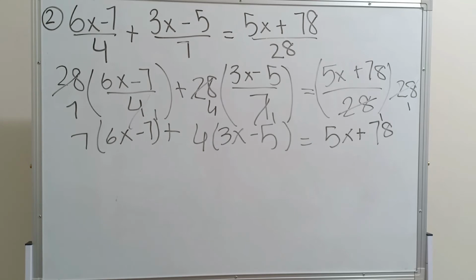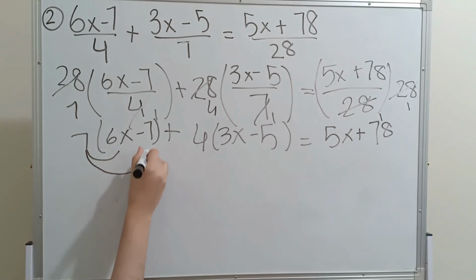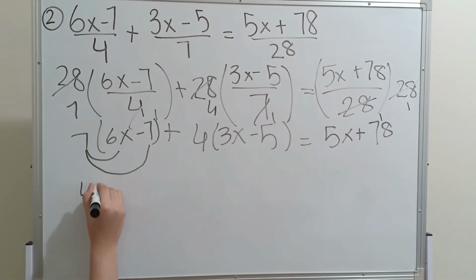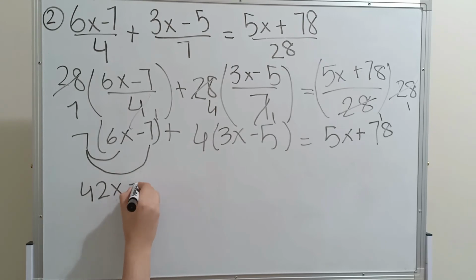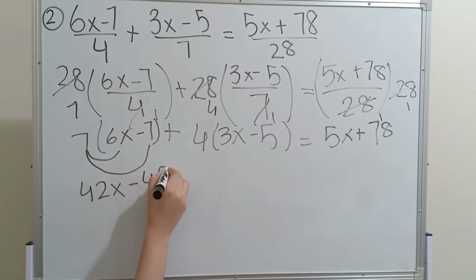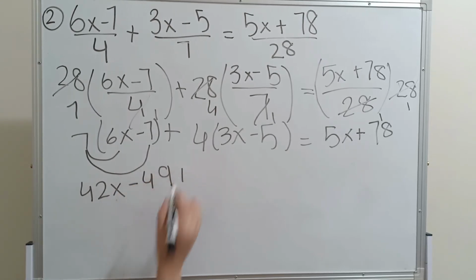So, as we did in the first question, we're now going to multiply them. We're going to multiply them by first multiplying this by the first value in the parentheses and then the second value. So 7 times 6x is going to be 42x. Don't forget the variable. 7 times negative 7 is negative 49. Positive times negative is negative.